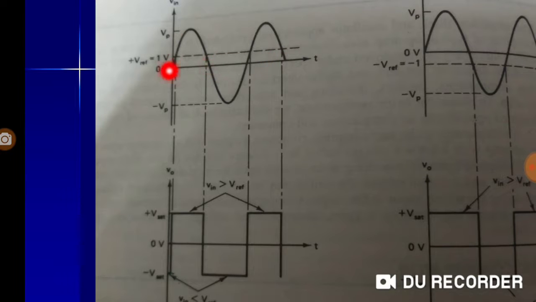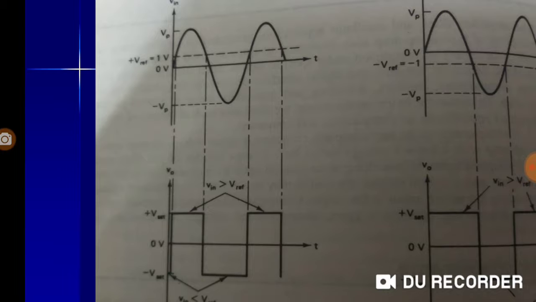This is the positive reference voltage, and this is the negative peak, minus Vp, for the input signal. With respect to this, the output is switching from plus Vsat to minus Vsat.